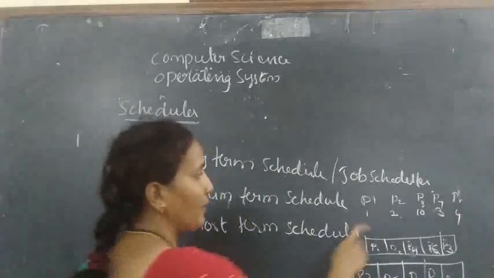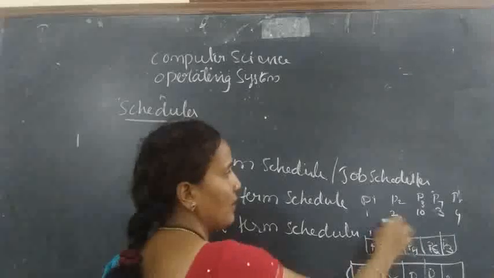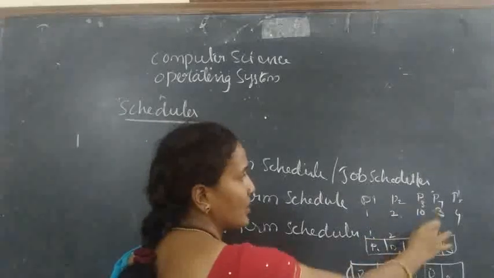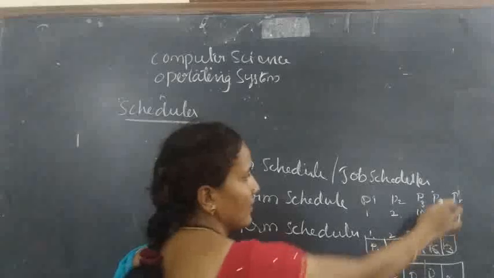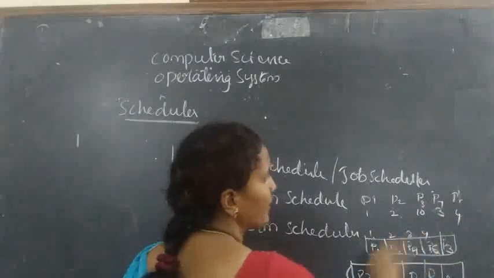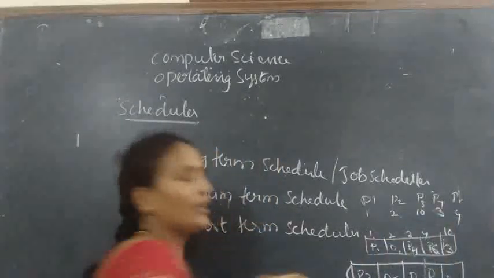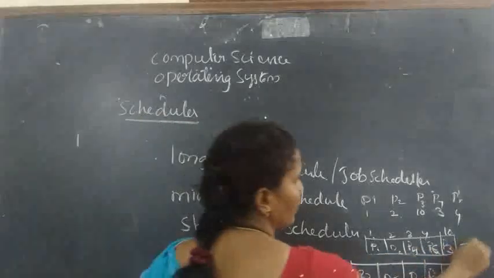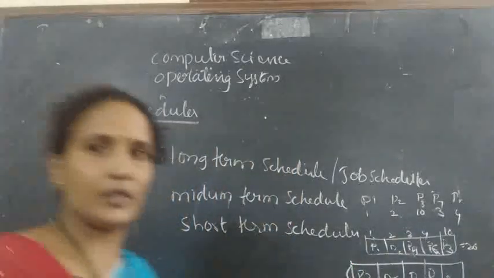P1, 1 second. P2, 2, so 3. Next P4, 3, so 6. P5, 4, so 10. 10 plus 10, 20 seconds are enough to execute all these processes.